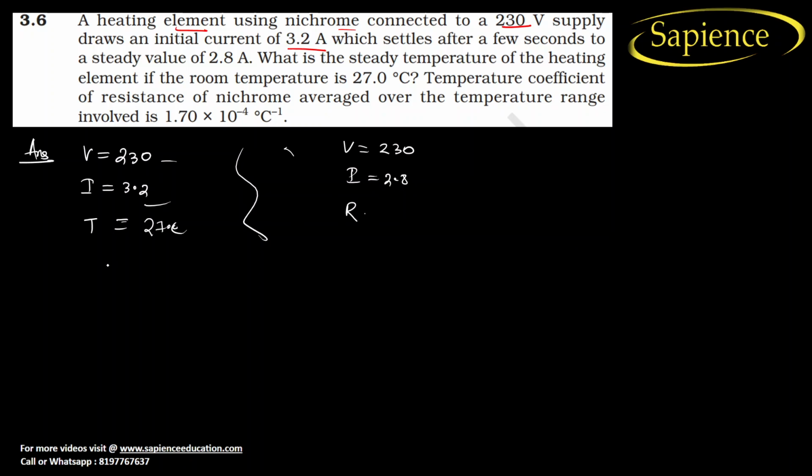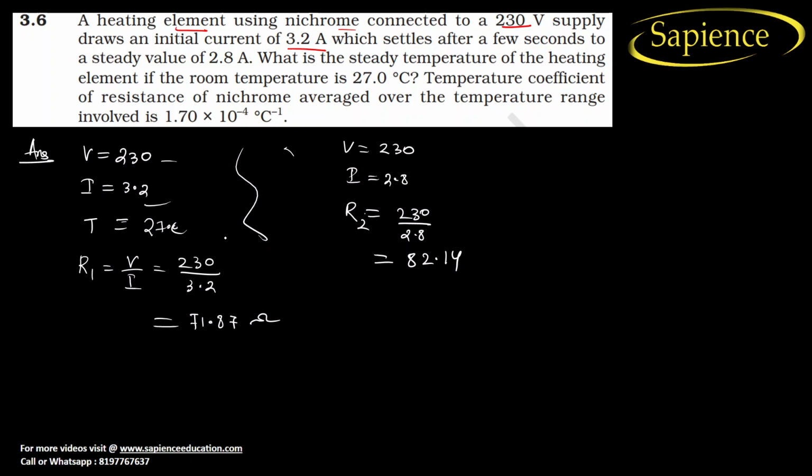First of all you need to find the resistance: R1 is equal to V by I, so from this condition we get 230 by 3.2, which is 71.87. And R2 is equal to 230 divided by 2.8, which is 82.14.